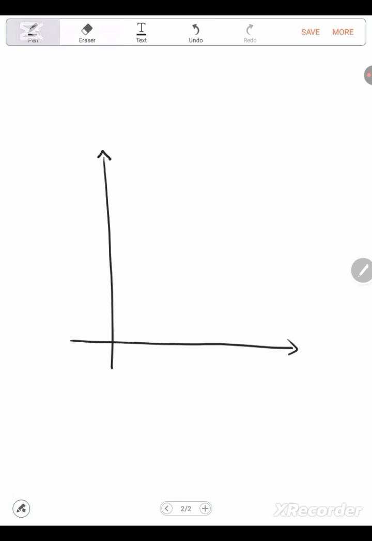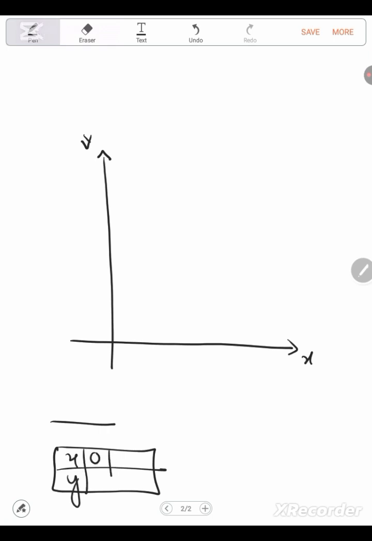The difference between sketching and drawing or plotting a graph is, sketching is basically you are roughly drawing the graph, and plotting is basically you are given a certain equation, and then you are assuming the points, the x coordinates, for instance 0, 1 and 2, and then you are placing those x coordinates in this equation in the place of x, and then you are getting the y coordinates.